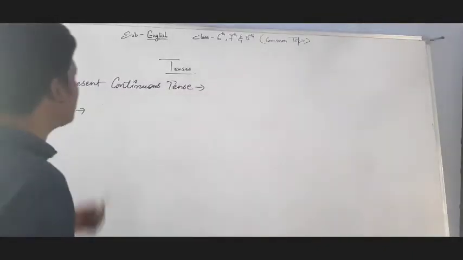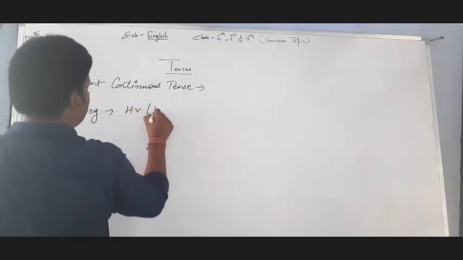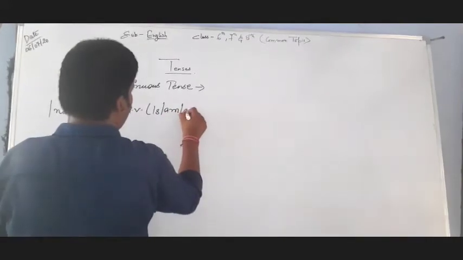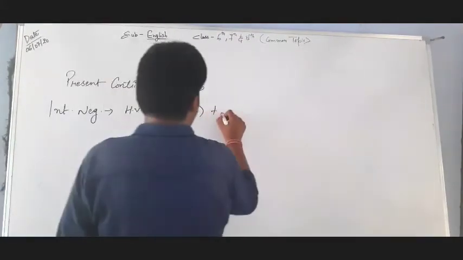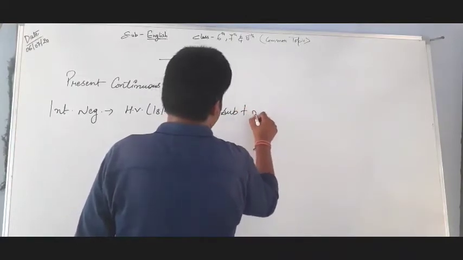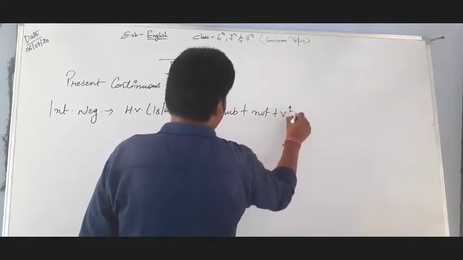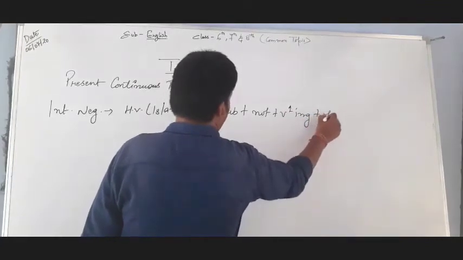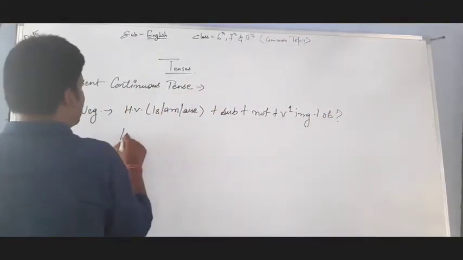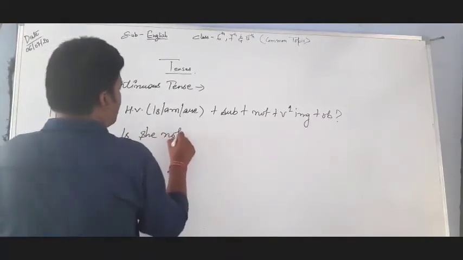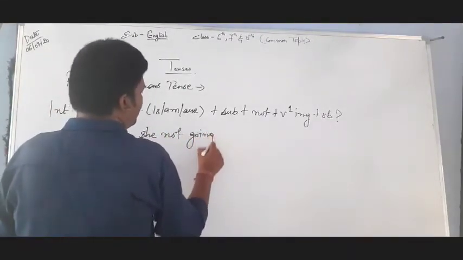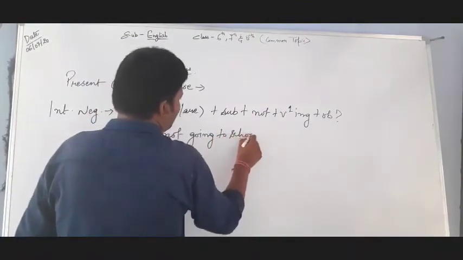Every tense contains 6 kinds of formulas. We are jumping to the fourth one, which is called interrogative negative. How does it work? Helping verb, that is, am, is, are plus subject plus not plus verb first form and ing plus object. So how do I write? Is she not going to school?